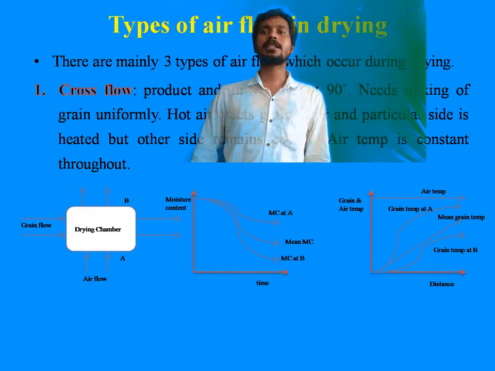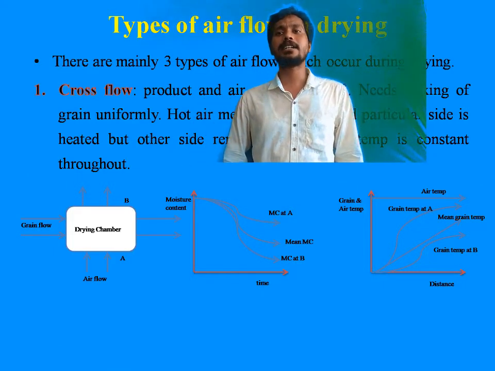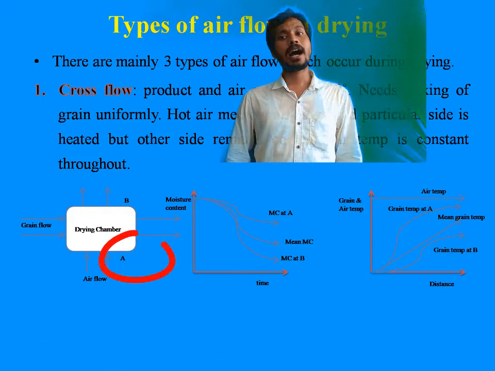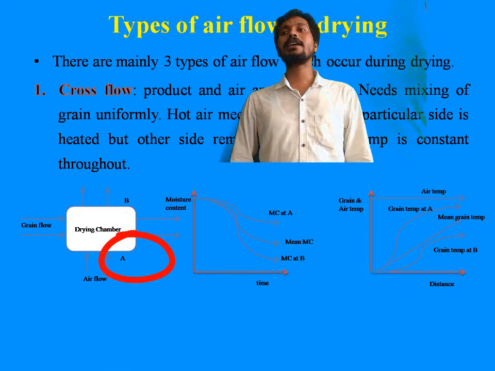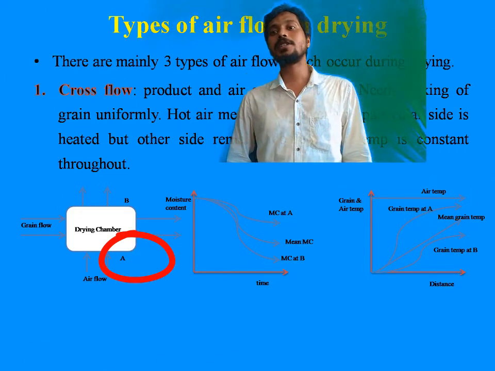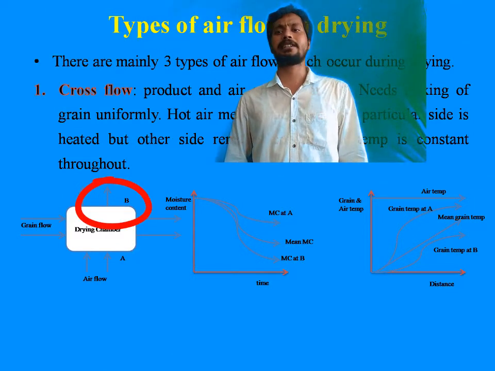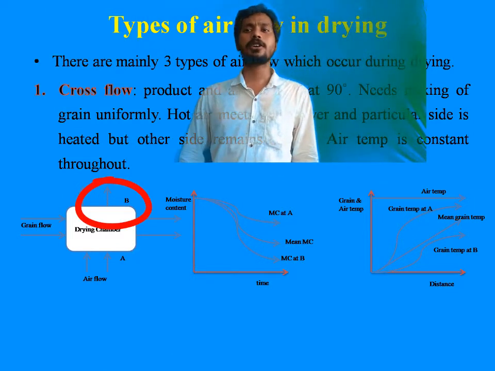The moisture content at the A section, as you can see in the diagram, will be very high, because along with time the A section moisture content is not reduced much, whereas the moisture content at the B section is reduced at a very high rate. This is the difference that occurs.